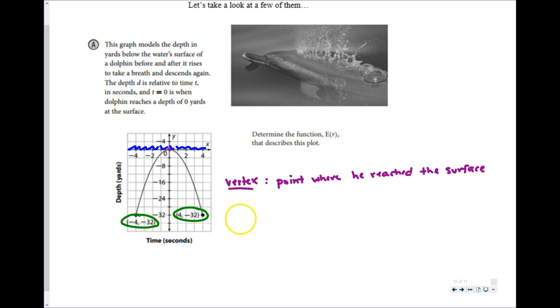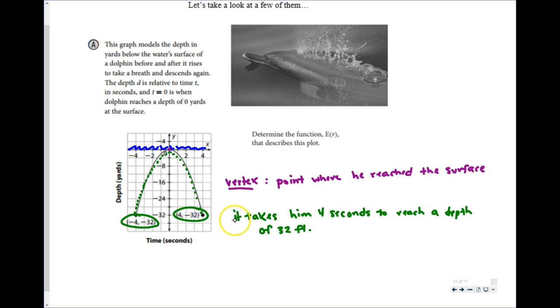So what this is saying is it takes him 4 seconds to reach a depth of 32 feet. Because here he's starting at 32, and then he's swimming, swimming, swimming, swimming. After 4 seconds, he reaches the top. Then he goes back down, and after 4 seconds, he goes down 32 feet. Okay, so that's what those two things are saying.